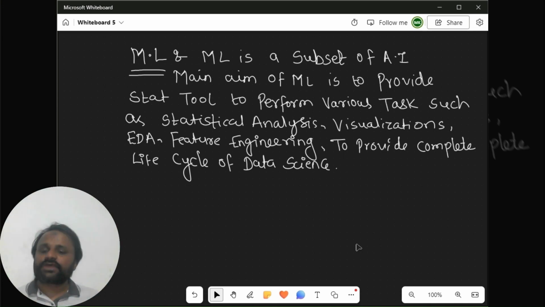A lot of things we are going to perform in machine learning operations. But why is ML required? ML is required to understand what your data is telling you, what insights are present in the data, what patterns are available, and whether there are anomalies or not.